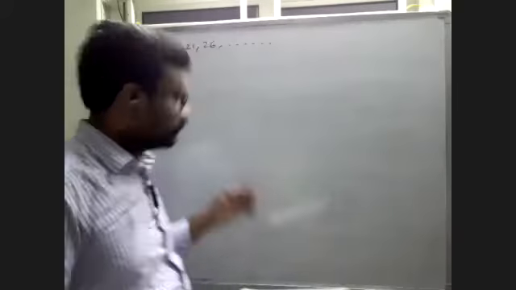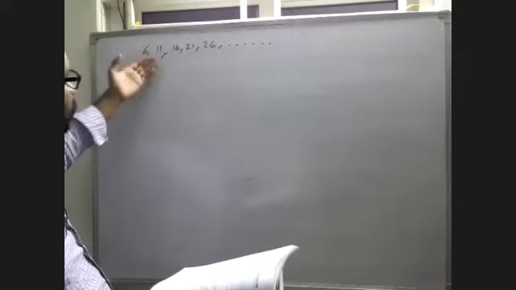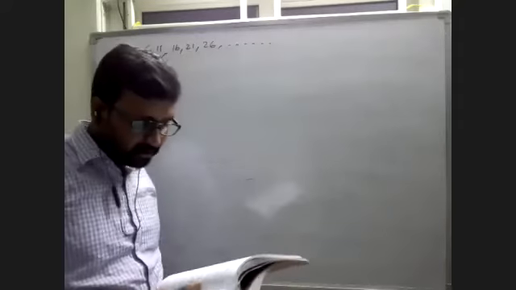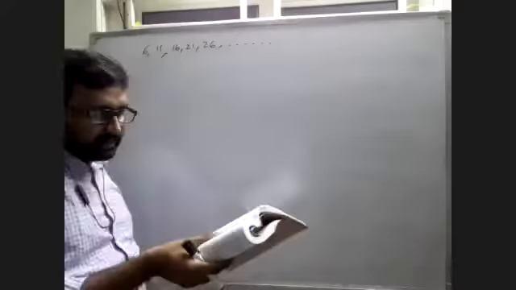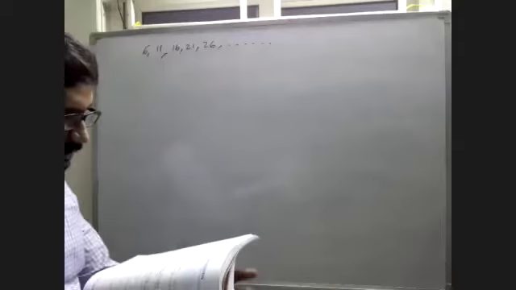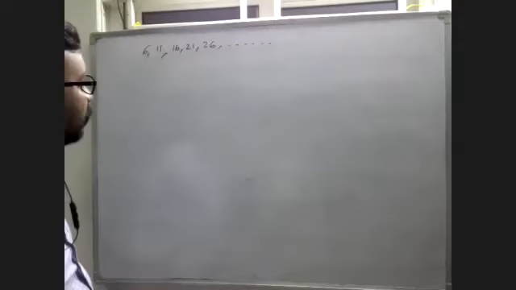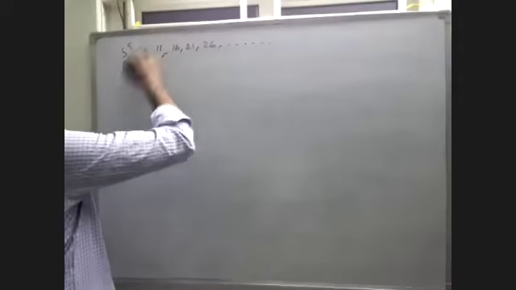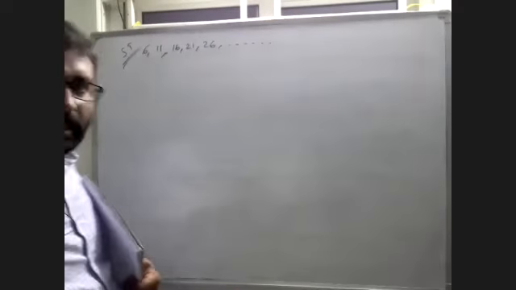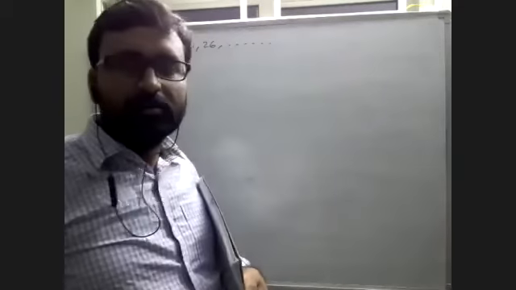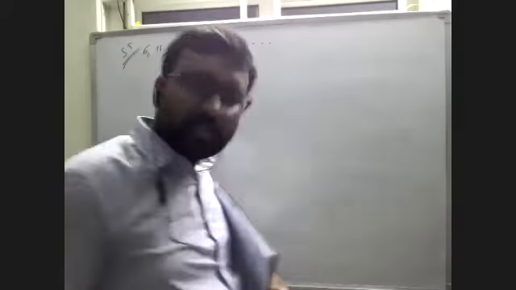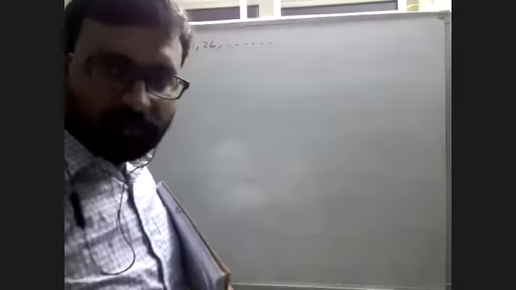We have to show this progression is an AP, and also write its first term and the common difference, and we will find the nth term also. They are not given the nth term.